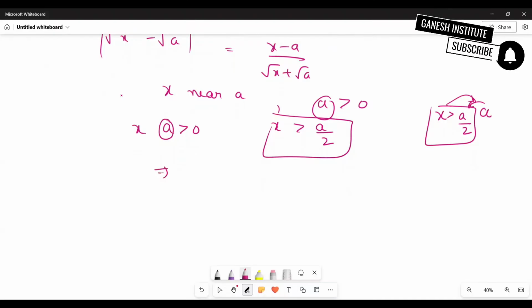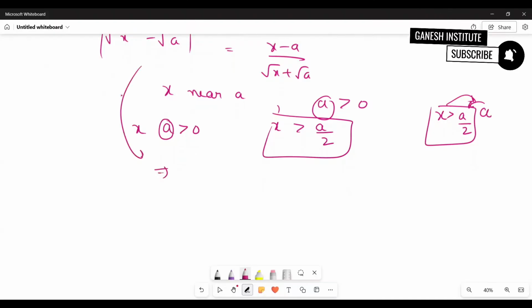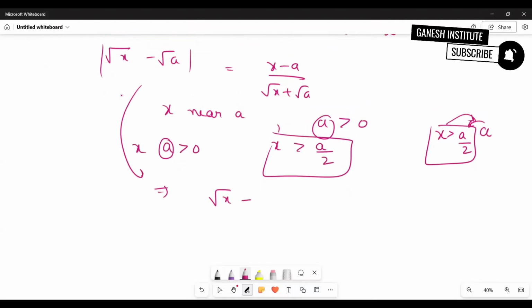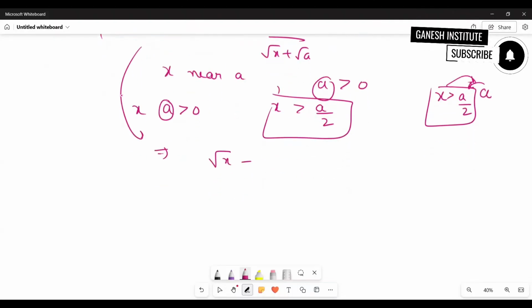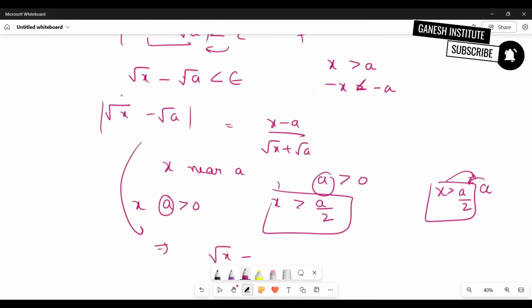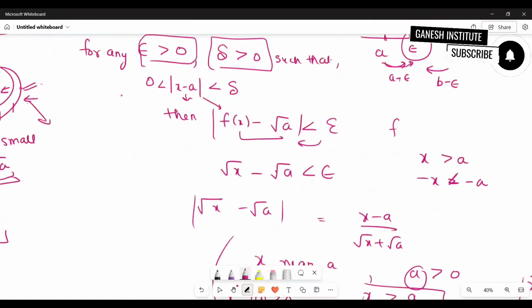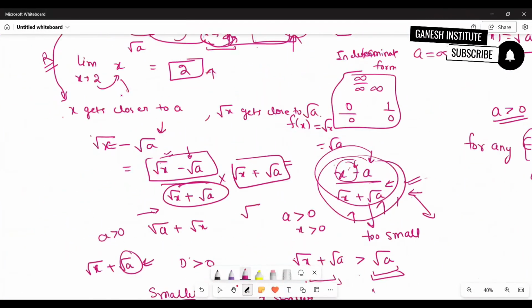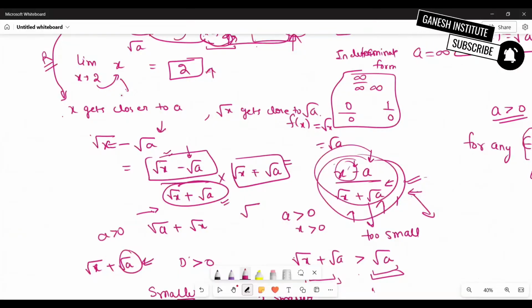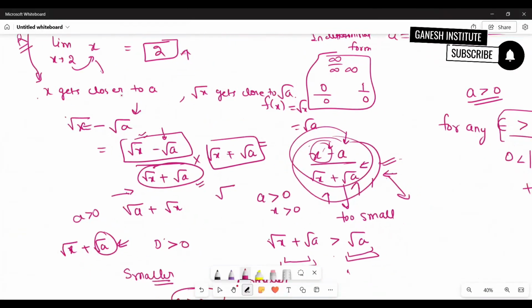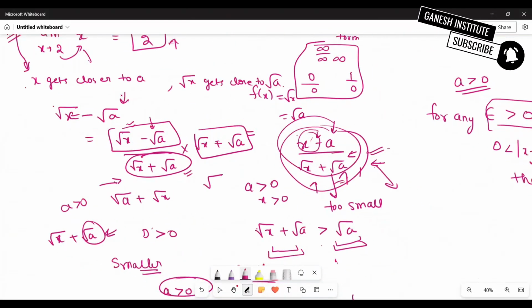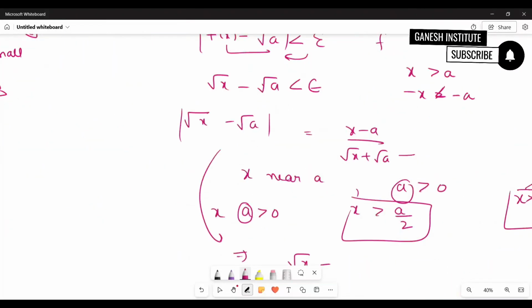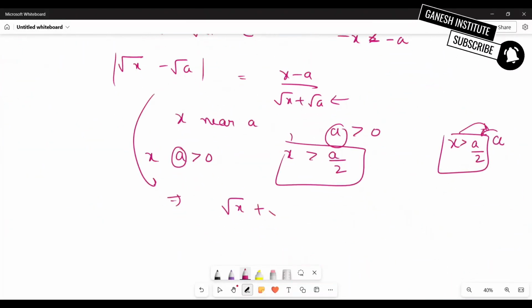So if I substitute here, root x, the denominator I'm trying to bound. I have in the denominator root x plus root a.